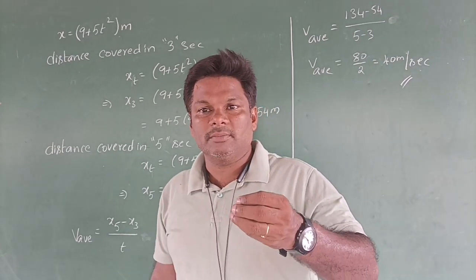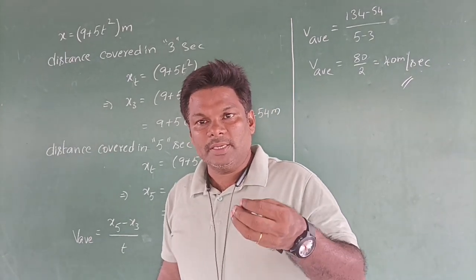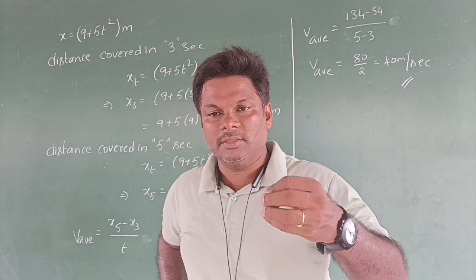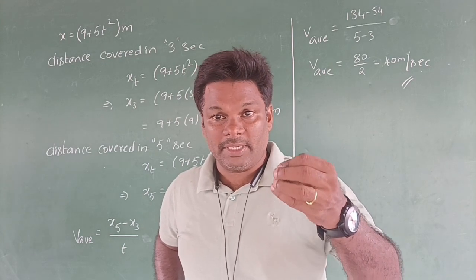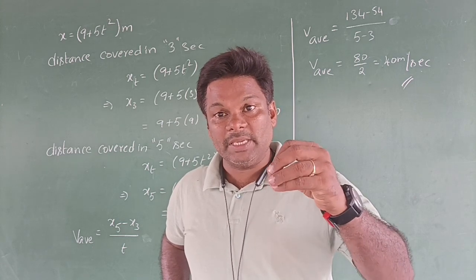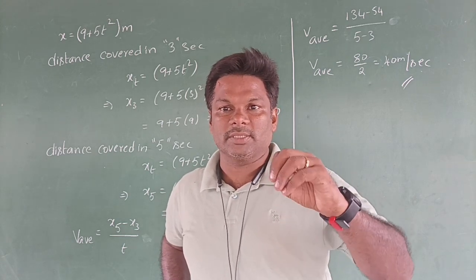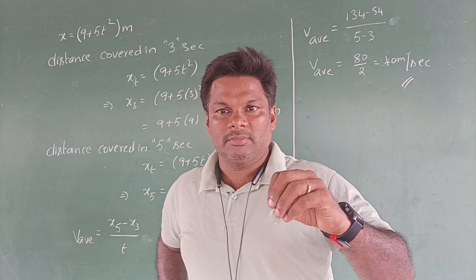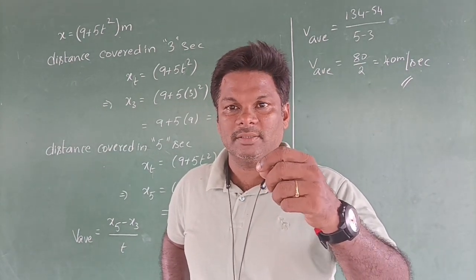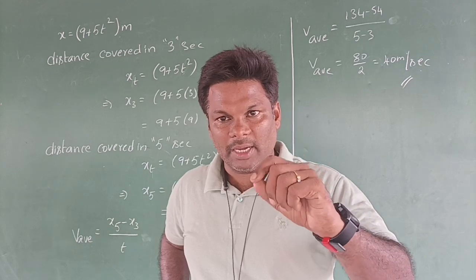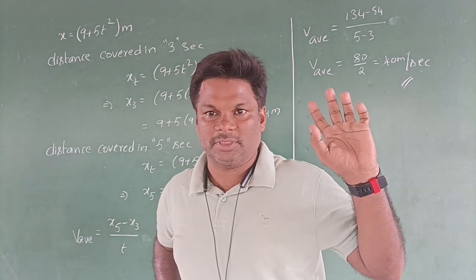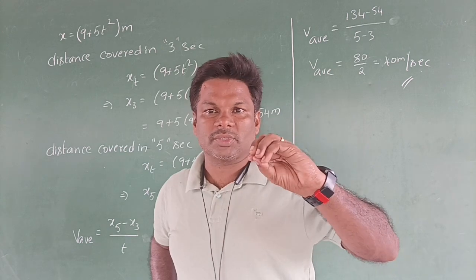Why am I saying both are the same? Because in a straight line you can say average speed is equal to average velocity, and speed is equal to velocity. Why this? Because the object is under straight line motion.